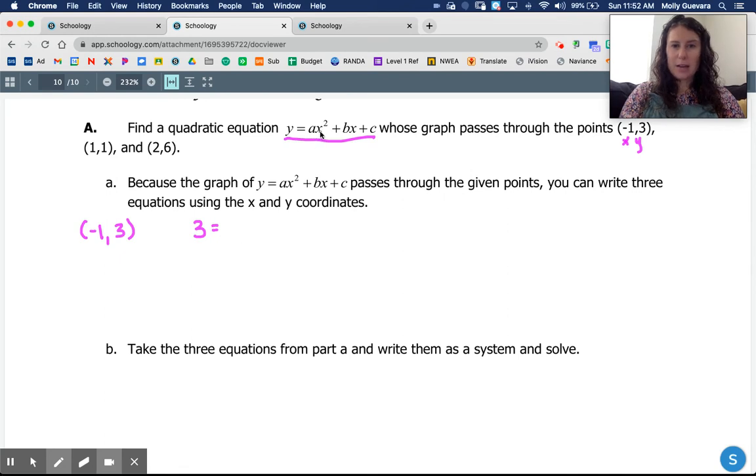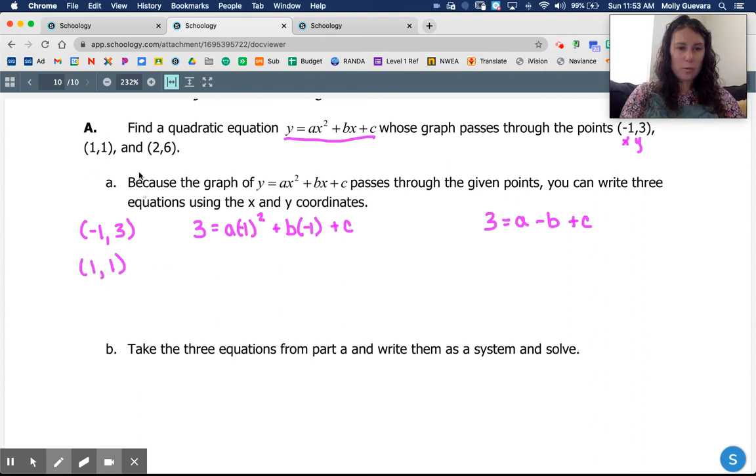equals a times x squared, so a times -1 squared plus, I don't know b, but I do know that x is -1, so b times -1, plus c. Okay, which gets me 3 equals -1 squared is 1, so that's just a. And then b times -1 is minus b plus c. Okay, the next point here is (1, 1).